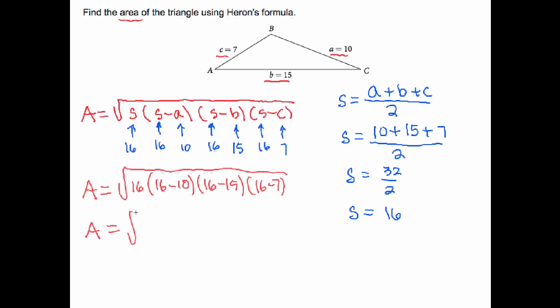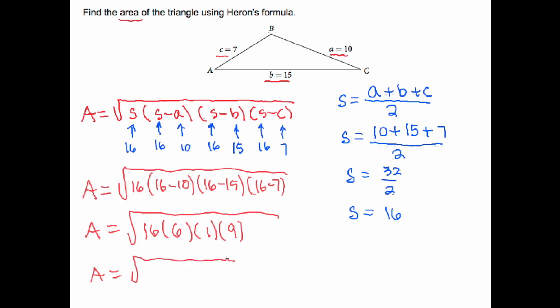So the area is going to be the square root of 16 times 6 times 1 times 9. So the area is the square root of the product, 16 times 6 times 9, which is the square root of 864.